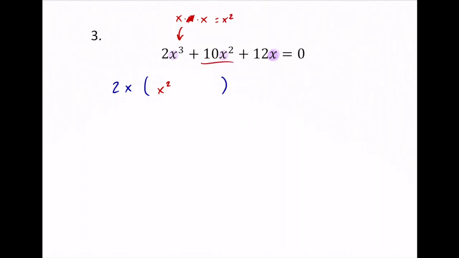Over here with the 10x squared, if I have a 10 and I factor out a 2, that's the same as dividing. So I'll be left with a 5. And if I have 2 x's here and I take away 1x, I'll just have 1x, so 5x. Lastly, we have 12x, factor out a 2, take away an x, we'll just be left with 6.